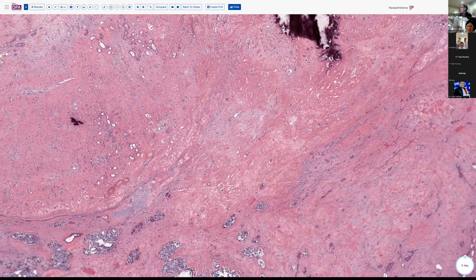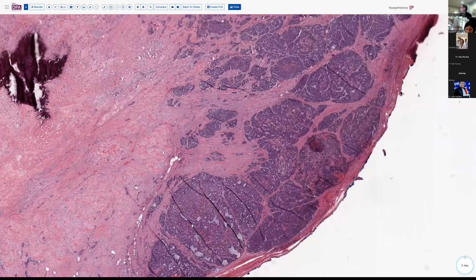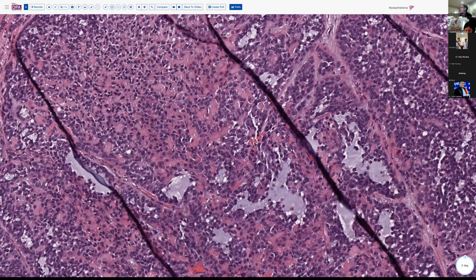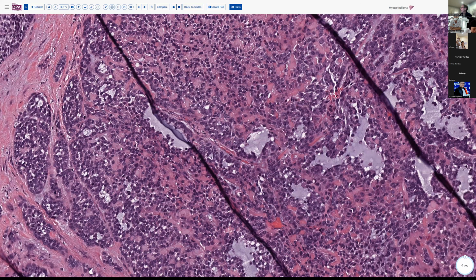But this may have been one that was kind of growing out of a pleomorphic adenoma, because as we look at these other more cellular areas here, it's clearly more single cell type pattern. Again, you see this sort of mucoid myxoid change in between the cell nests that sort of fall apart, leaving this myxoid stroma behind.